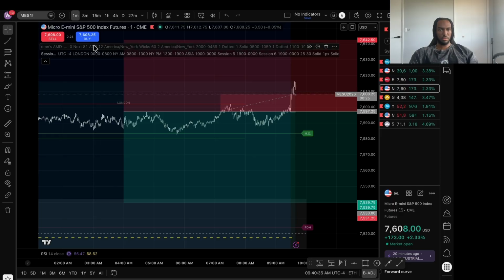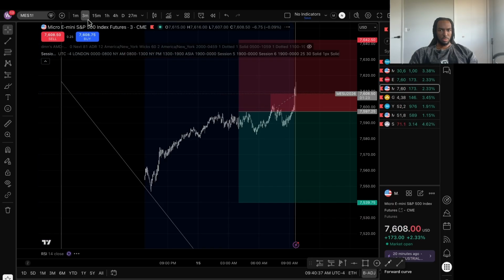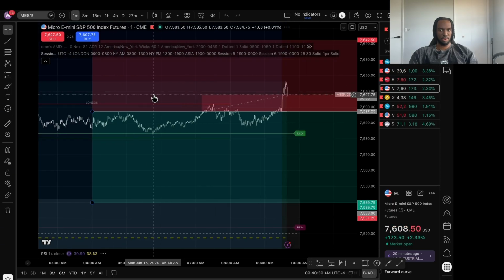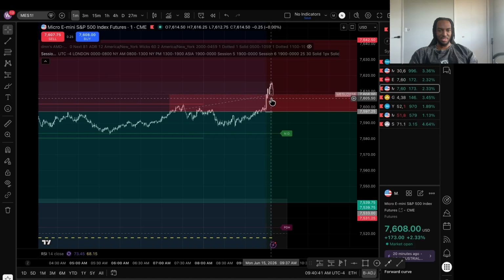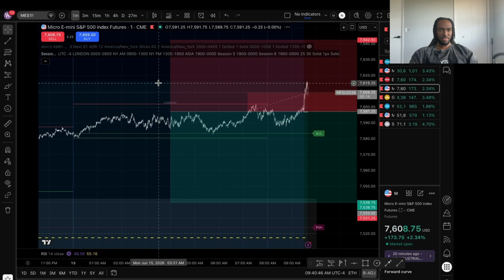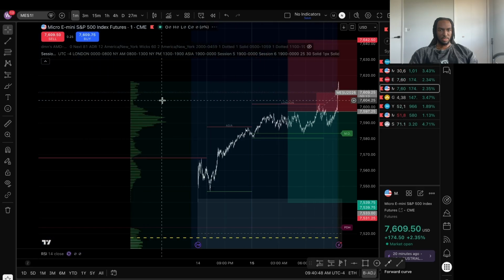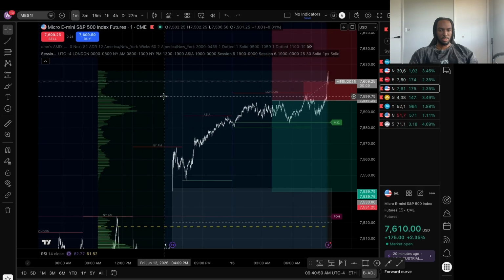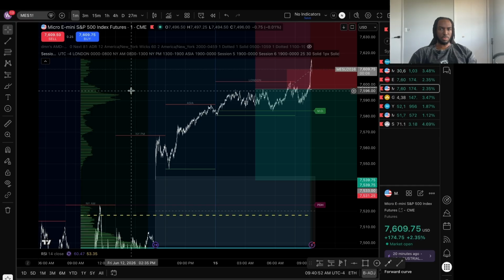What a candle. Just straight line up for like, what is that? 10 minutes straight, just straight line up. Hopefully we don't build a ton of volume up here.